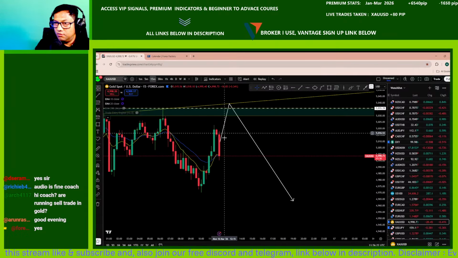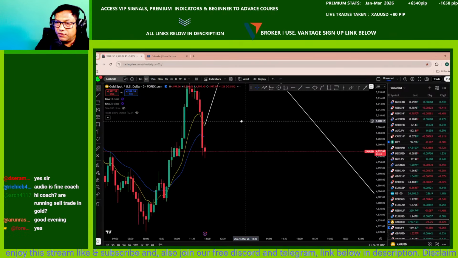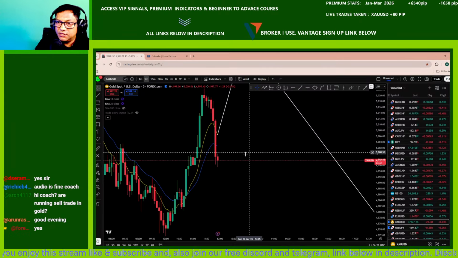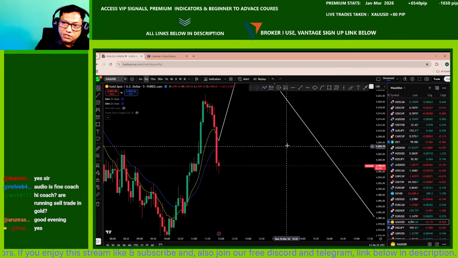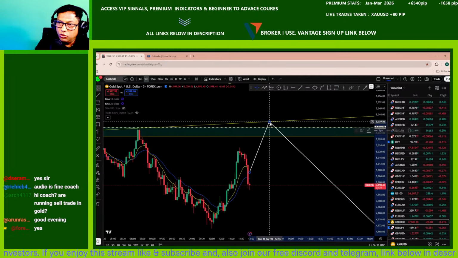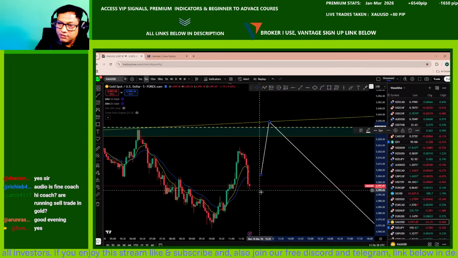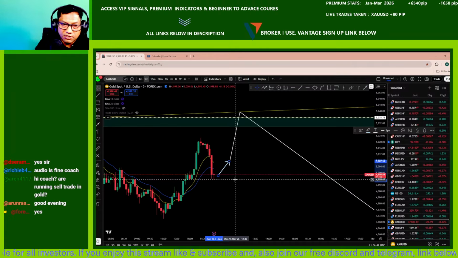There is a 50-minute candle close coming, and if the price has done enough pullback, the market may go for this pullback, and with this pullback I'm expecting the market to go ahead, retest, and then return.